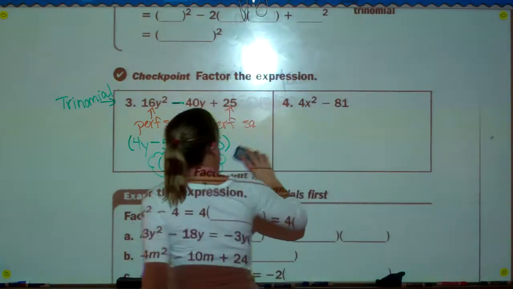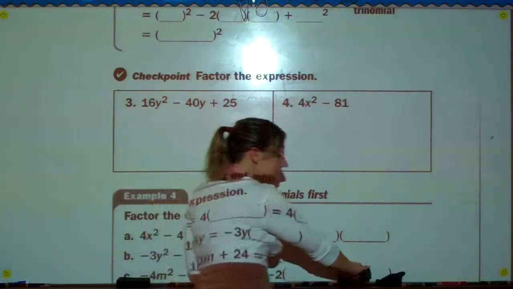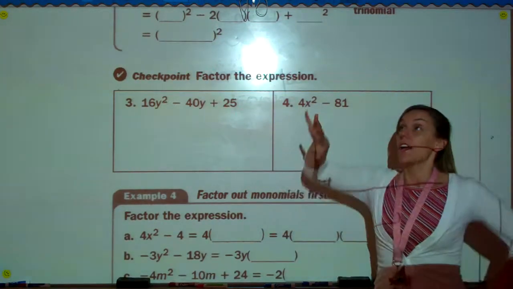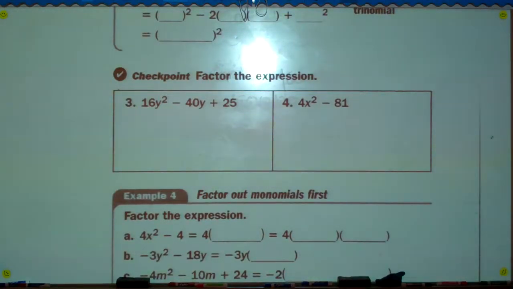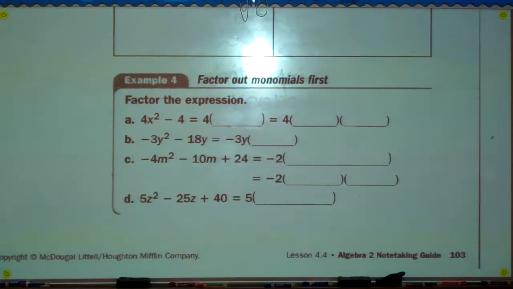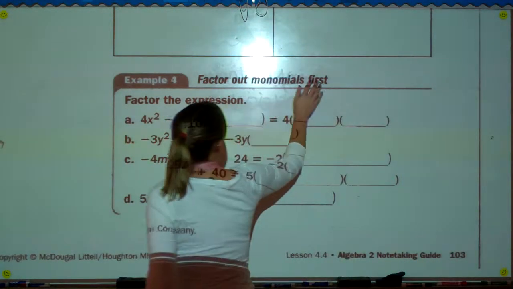All right, so then we have to kind of put all of what we know together. We have to start with the flow chart, and we have to say GCF, and then break it down to the different branches. So this says factor out a monomial first.